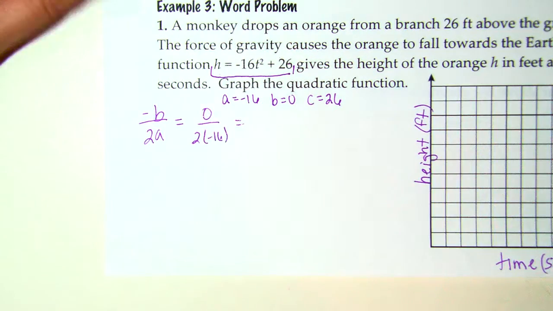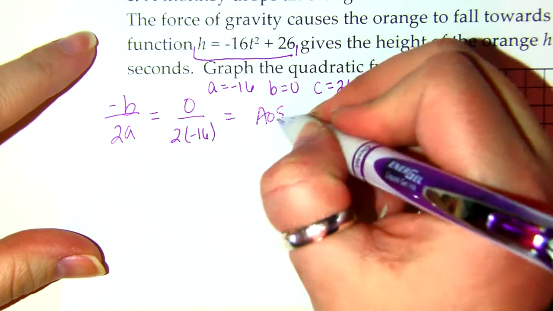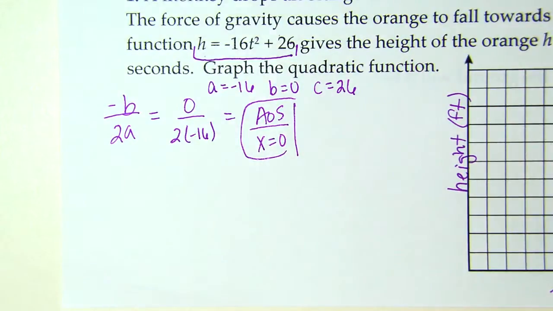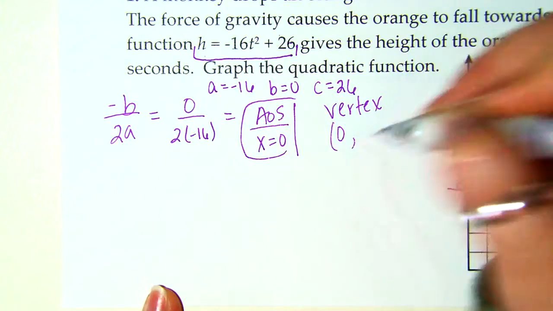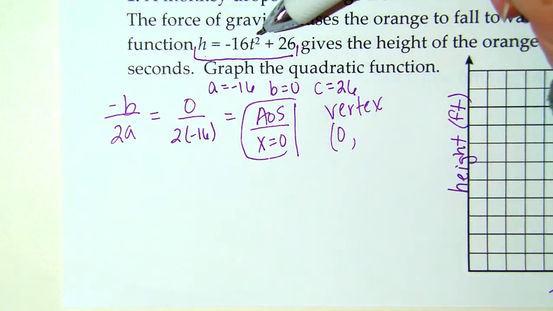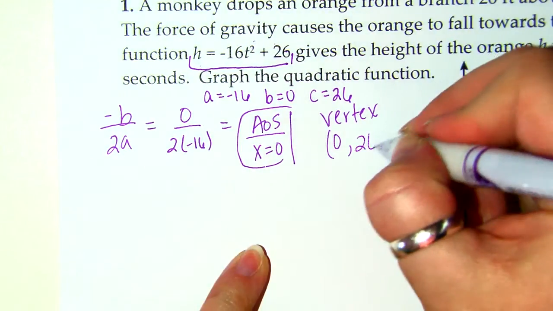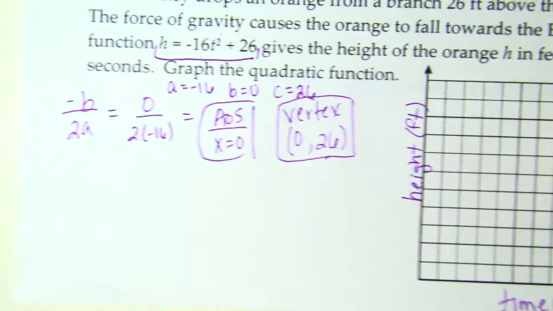So if 0 is on top, the AOS is 0. Okay, and then we have to plug that in to find the vertex. Again, the vertex starts with the AOS, and then we plug it in to find the y. So this one, I'm just going to do it in my head. So 0 squared is 0, times that is still 0, plus 26 is 26. So our vertex is at 0, 26.